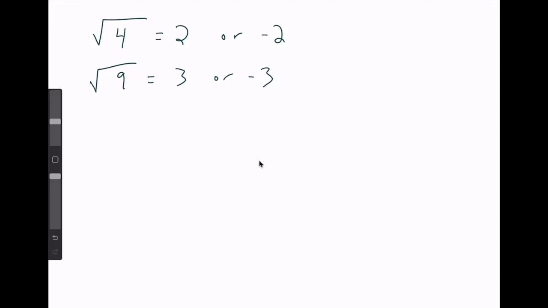Technically, right? Because -3 times -3 is 9. So whenever that number out in front here, whenever that index is even, you're going to have 2 answers.